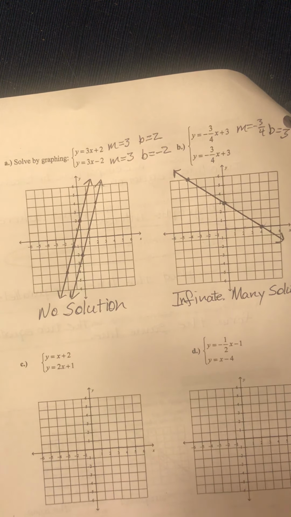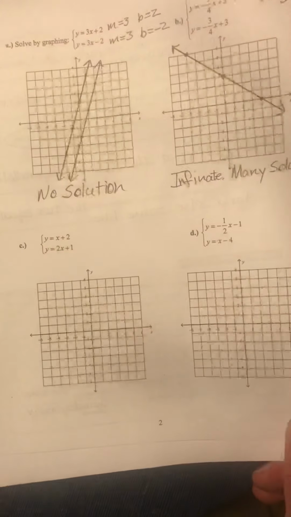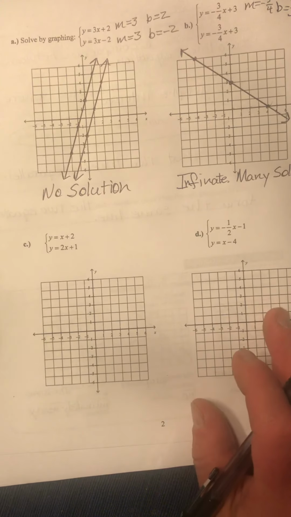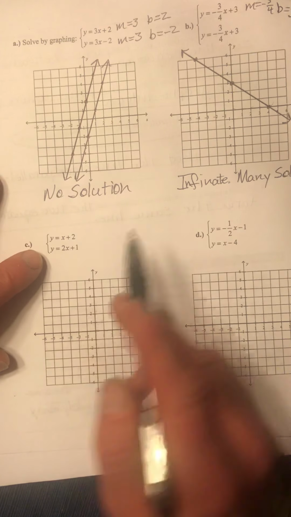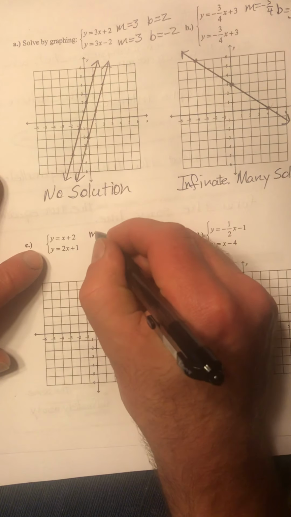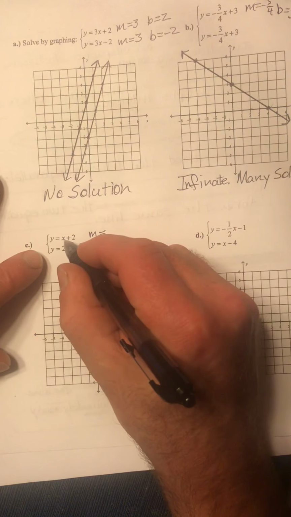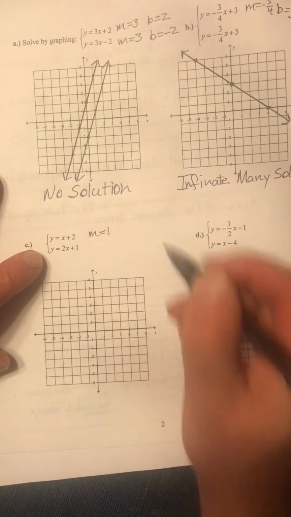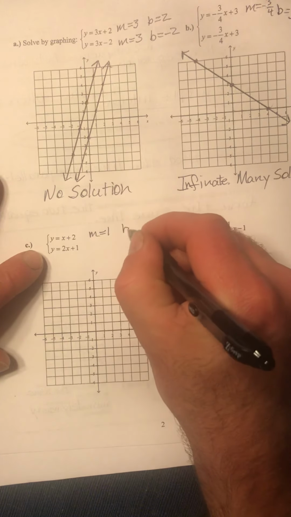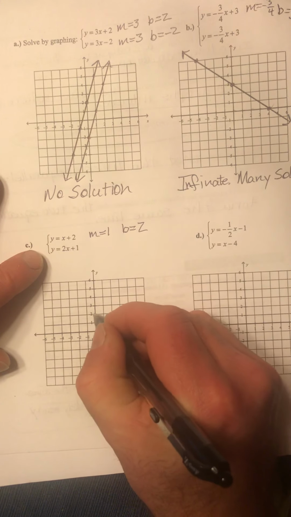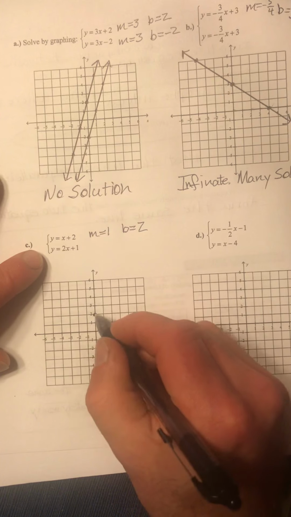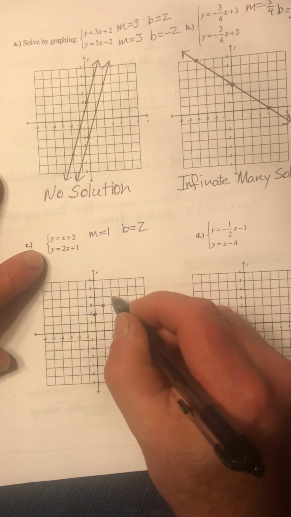Okay, so our next example, I have y equals x plus 2 and y equals 2x plus 1. The first one, since we don't have a number in front, we know our slope is 1. Our y-intercept is 2. So here's my y-intercept. I'm going to count off my slope.